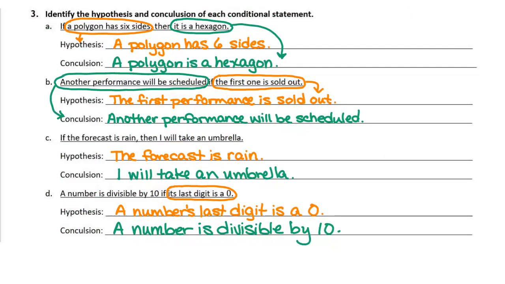Notice my hypothesis and my conclusion are each sentences that can stand by themselves. These are sentences that should make sense all by themselves.